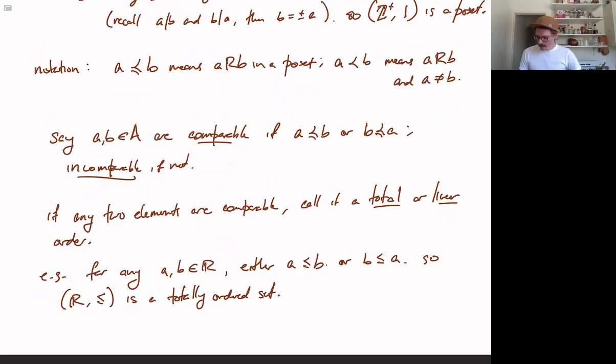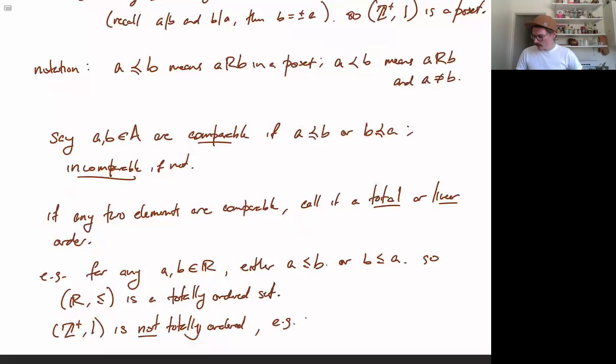On the other hand, positive integers with divisibility is partially ordered, as we have seen, but it is not totally ordered. Meaning that there is some pair of elements which are incomparable. And in fact, in this case, there are many examples.